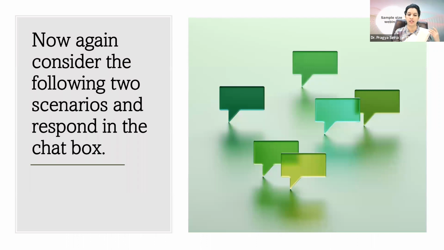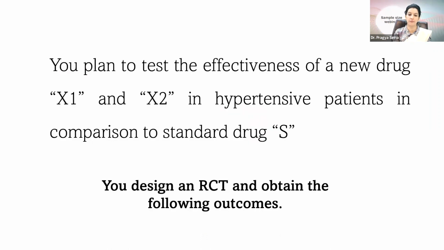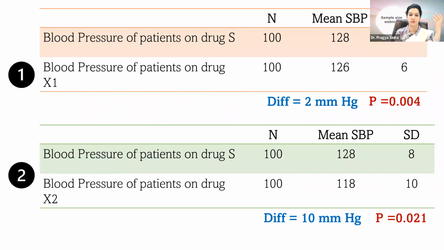So now consider again the following two scenarios. Like I plan to test the effectiveness of a new drug, that is X1 and X2, in hypertensive patients in comparison to the standard drug S. So now you can see that in the standard drug arm I have maybe 100, and the sample size is the same in both arms.